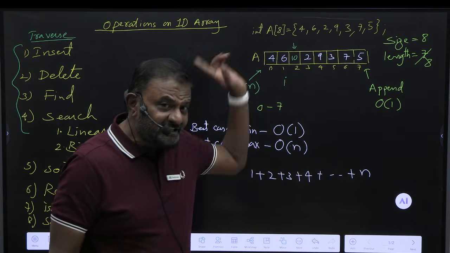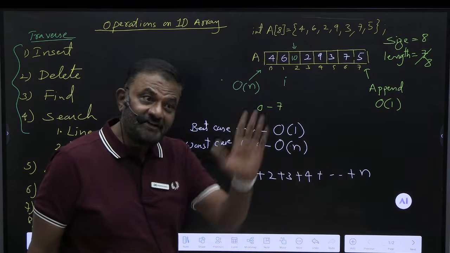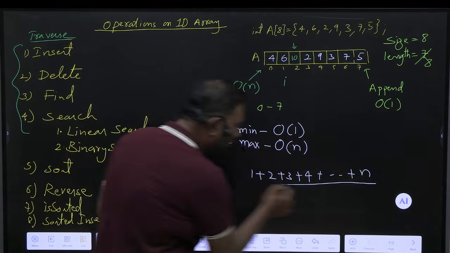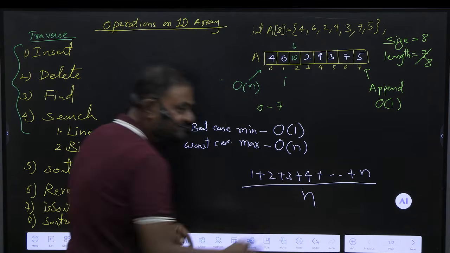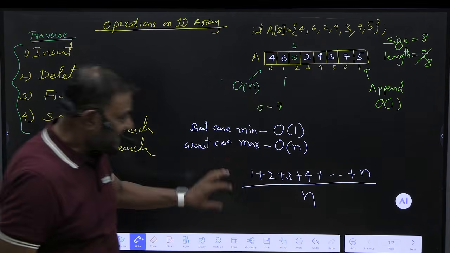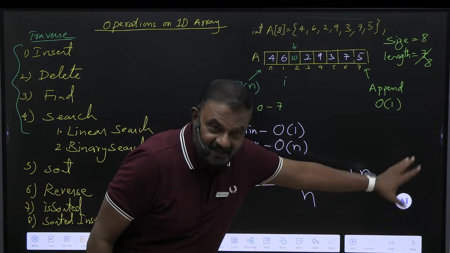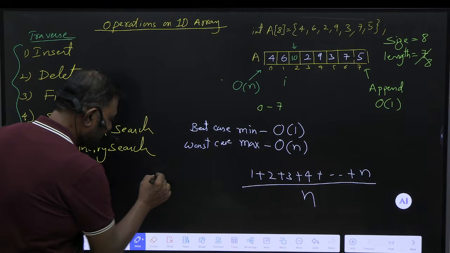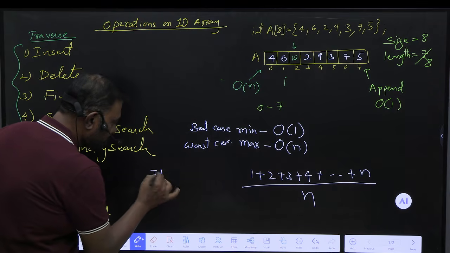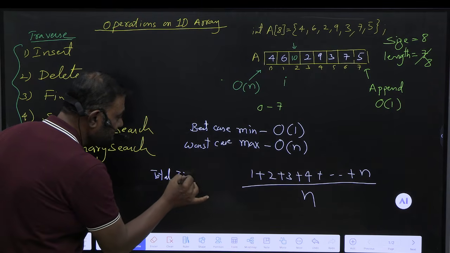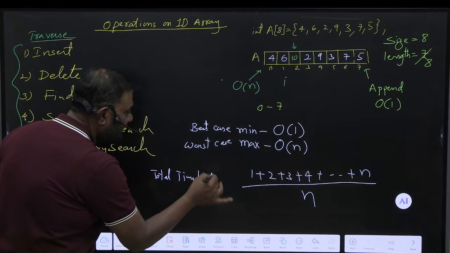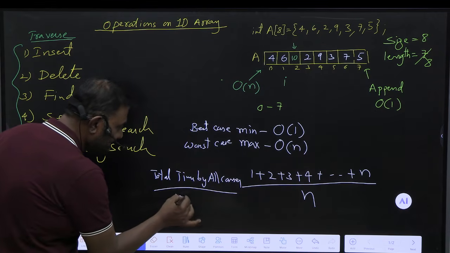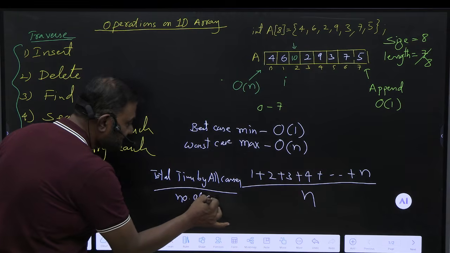So we have considered all n cases. Total time taken by all cases divided by number of cases.